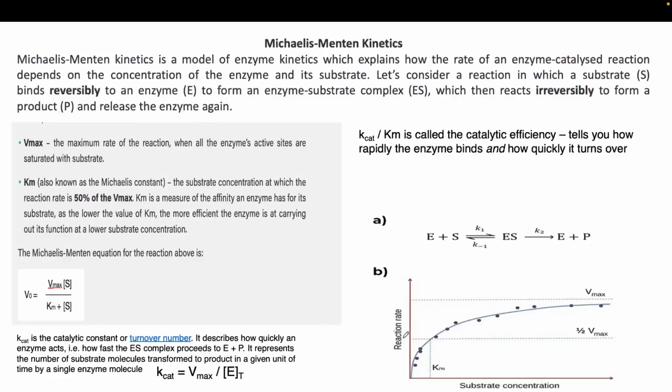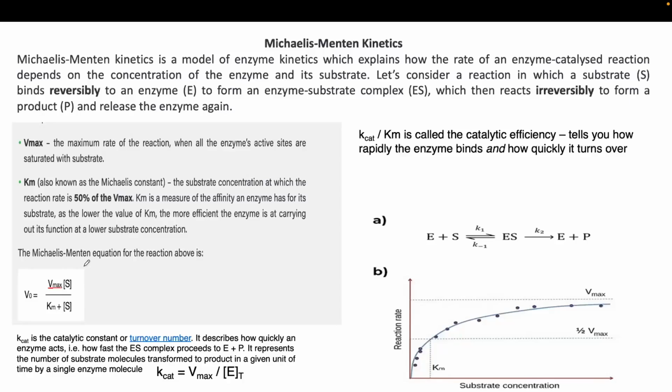To identify certain enzymatic properties, the scientist Michaelis-Menten gave one equation: v naught equals Vmax times substrate concentration divided by Km plus S. Through that you can identify the maximum velocity of any enzyme, or its affinity for any type of substrate.